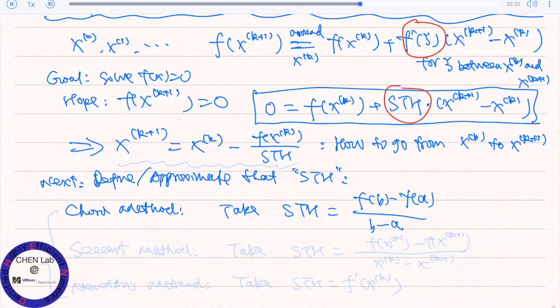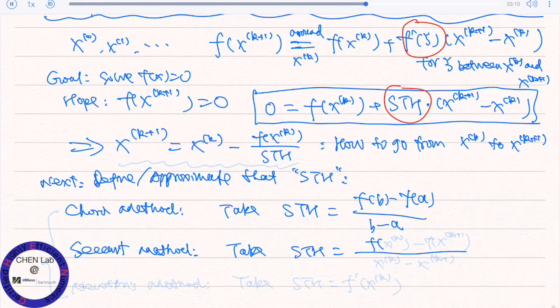And the so-called secant method, the one I wrote down in the title, is where I take that something equals, because again, that's f prime c for c between xk and xk plus 1, some sort of slope at a point that's close by. The proponent for this scheme says, well, why not just use the previous two iterates?